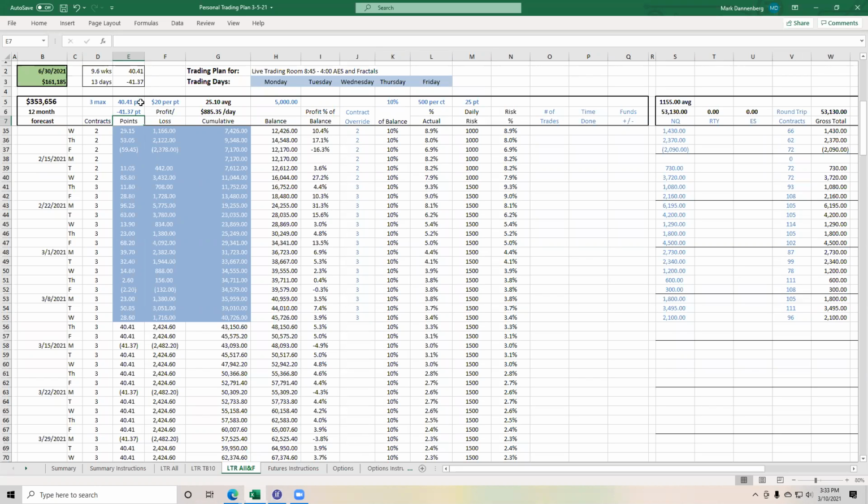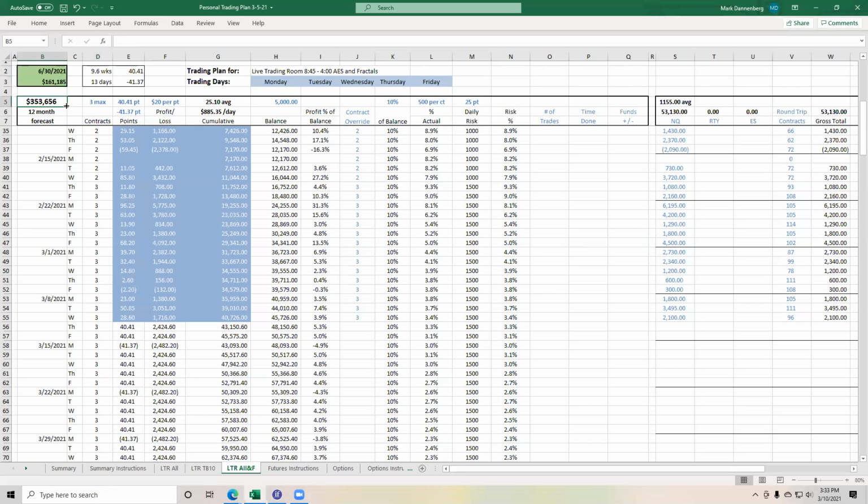But we are coding our performance in terms of dollars and the number of trades, which accounts for commissions and fees, and we're evaluating based on the personal trading plan what our performance is, what our run rates are. We're using those run rates to forecast forward. We're choosing what we want to cap our contracts at, and all of that together is helping us understand what the forecasted 12-month income is. Now, in this case, we only have 9.6 weeks of a 52-week plan under our belt.